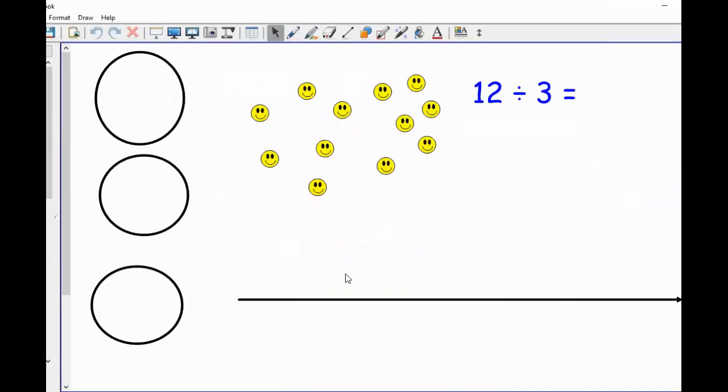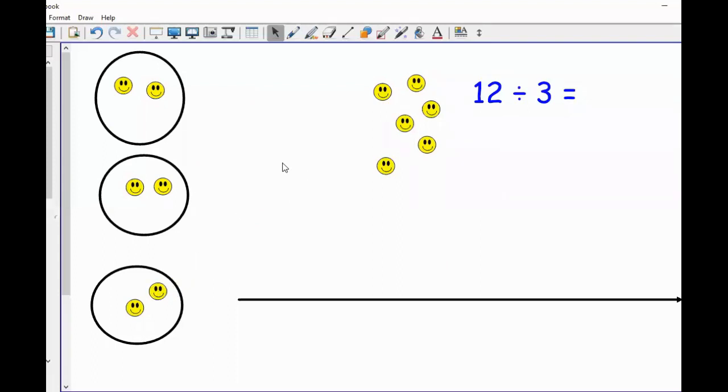I have 12 happy faces here, and I want to share these happy faces equally between these three baskets. If I want to share them equally, when I put a happy face in a basket, I should put one in the other baskets. So let's complete one here and one here and one here.